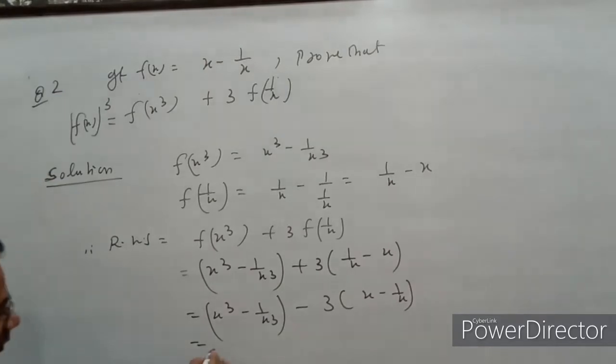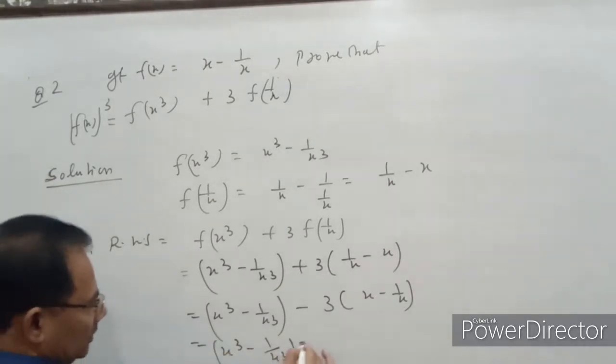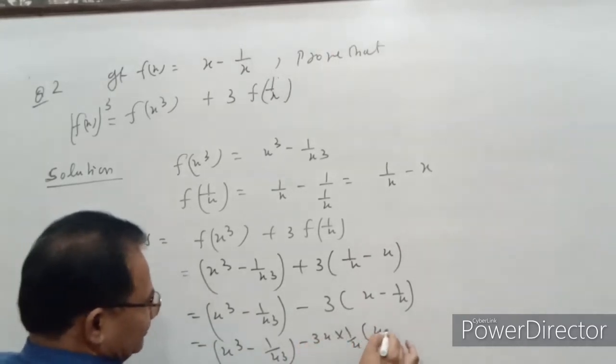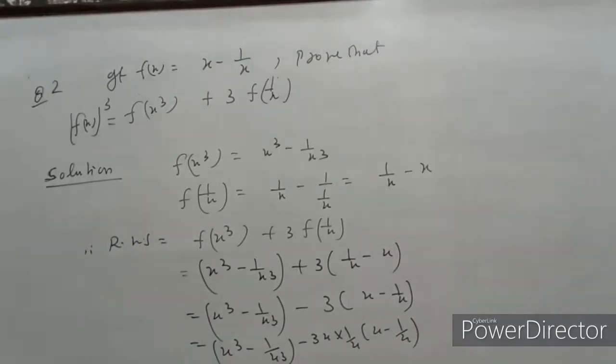Or we can also write it as 1 by x cubed minus 3x into 1 by x, x minus 1 by x.